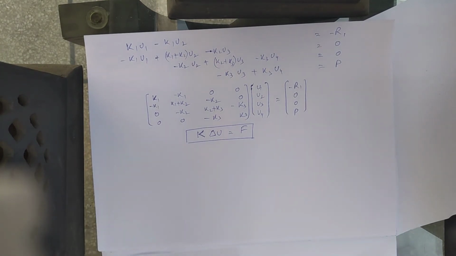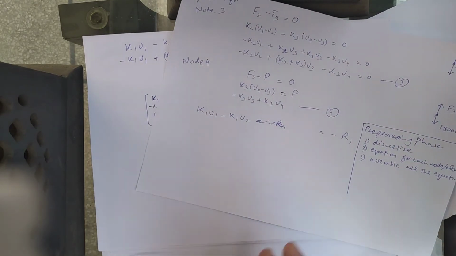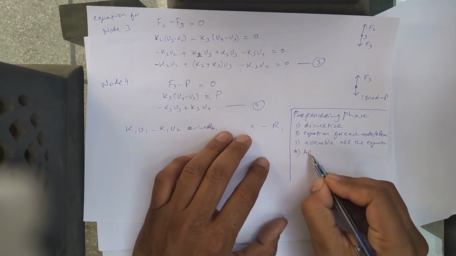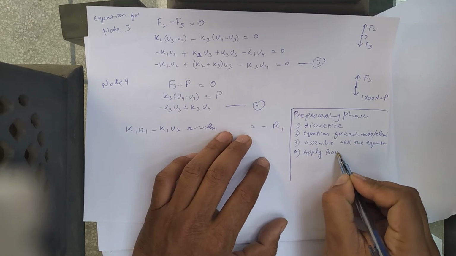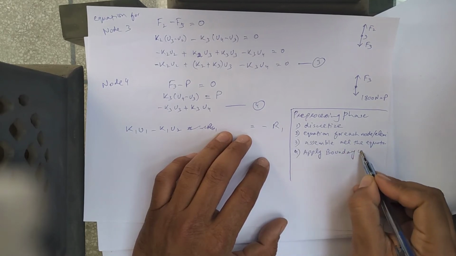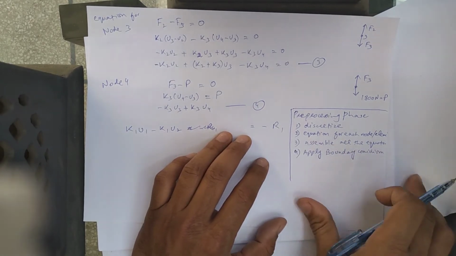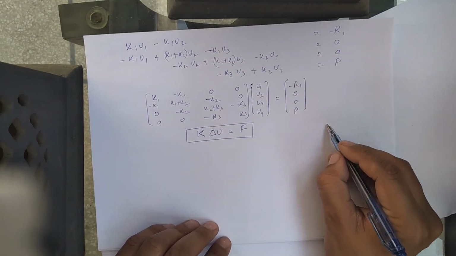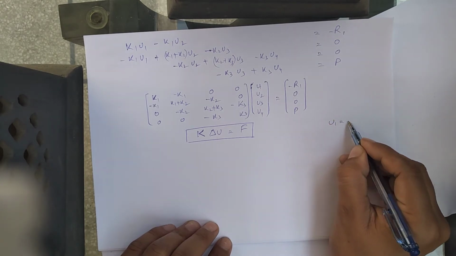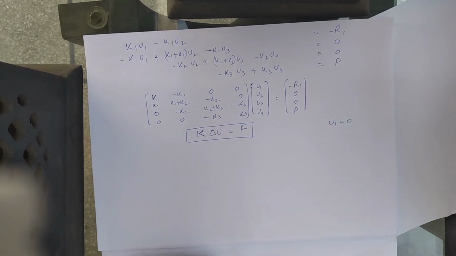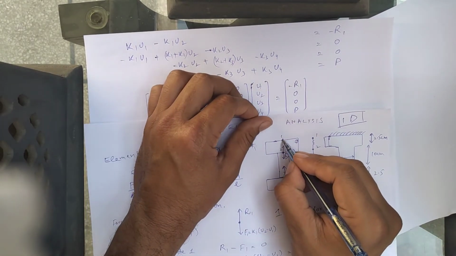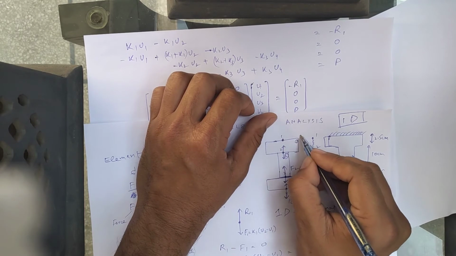So now the next step, as I told you, the fourth step is to apply boundary conditions. Now in this problem, what are the boundary conditions? We have 2 boundary conditions. The first boundary condition is that U1 is equal to 0. What does that mean? On this node we will have U1, that is the deformation in node 1.